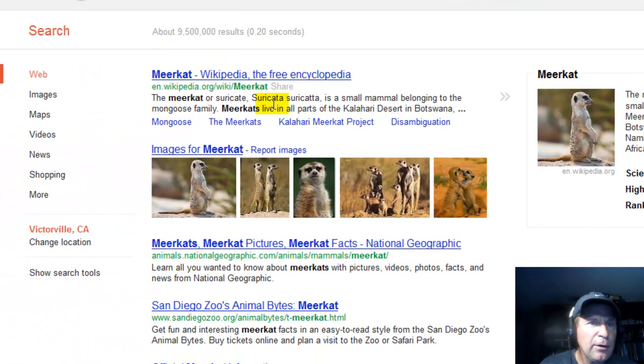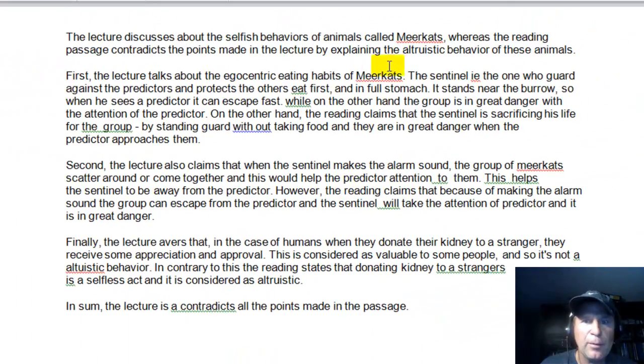Okay, it says here the suricata is a small mammal belonging to the mongoose family, Meerkats. There, it does have an S. And there, I see pictures of it. I've seen this animal before. Alright, I just needed to check it so I could understand a little bit more about the grammar. So we want to use the S there.